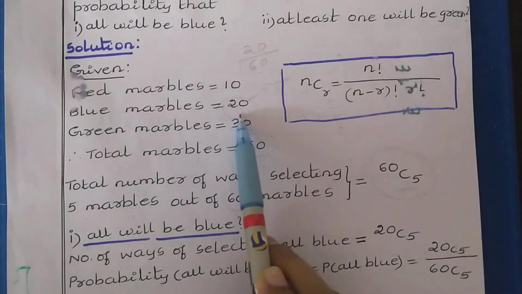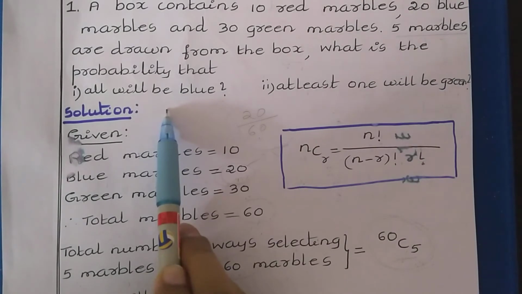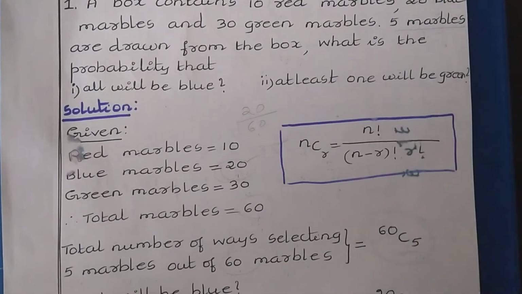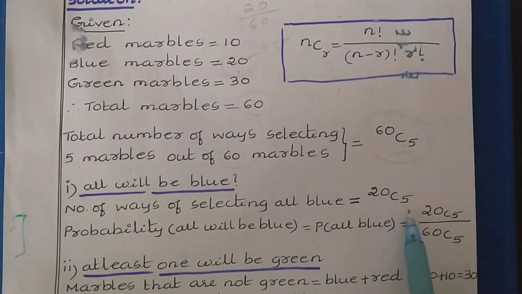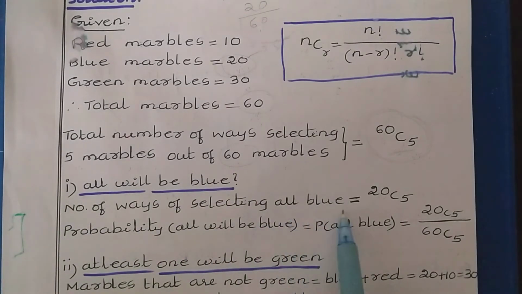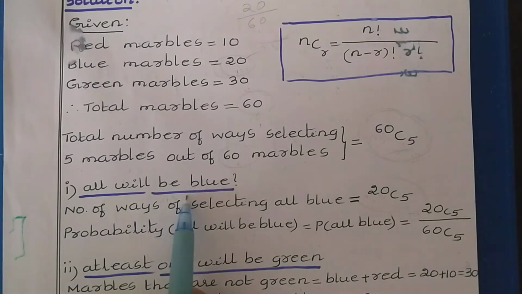So out of 20, you need to select 5. So 20C5. So number of ways of selecting all blue marbles is equal to 20C5. Now this forms the favorable outcomes of this event.